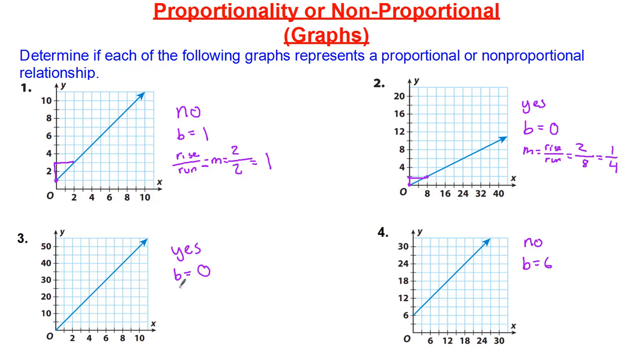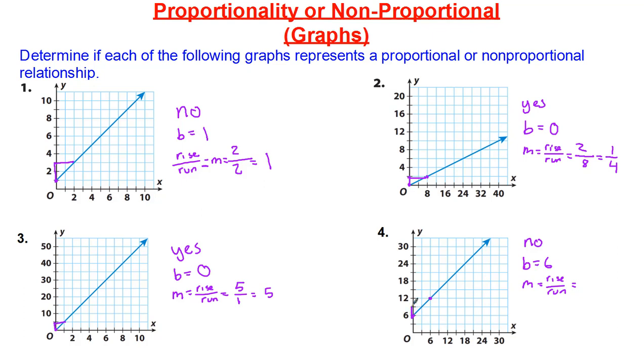Alright, next, m equals, once again, rise over run, how much I go up versus how much I go across. I'm going to start at 0, and I'm going to go up 5, because in between 0 and 10 is 5, and then I go across 1. So my slope is equal to 5. Once again, m is equal to rise over run. So I'm going to pick this point and this point.